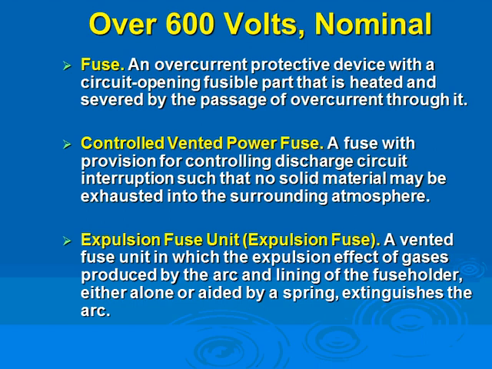Controlled vented power fuses. When it opens in high voltage, the interruption is such that no solid material may be exhausted into the surrounding atmosphere. When you have high voltage current and the fuse opens, a lot of energy will be vented to the outside.